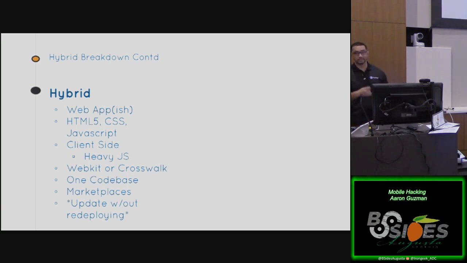HTML5 has its own issues, which I'll note in a bit. A lot of these applications are heavy on JavaScript, and people think they can store secrets in JavaScript, that you can't decompile it. It's in clear text.